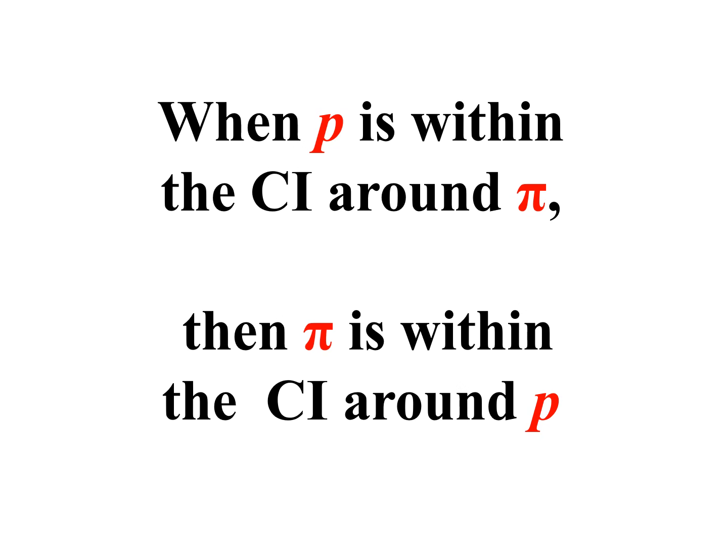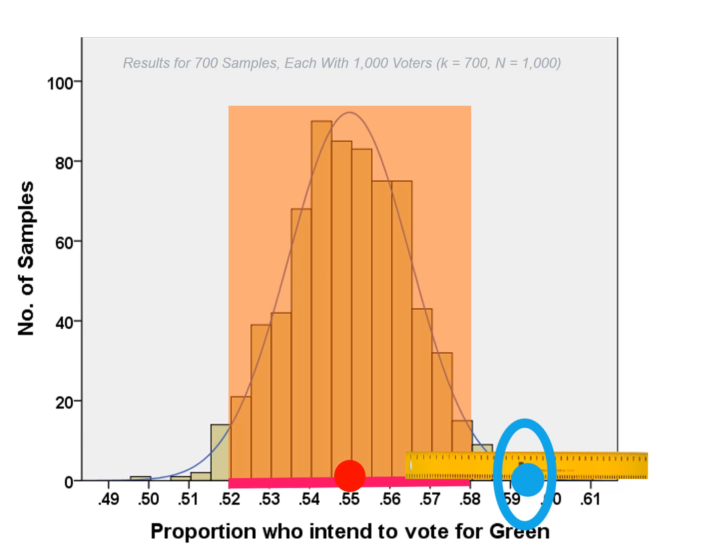When p is within the confidence interval around pi, then pi is within the confidence interval around p. For instance, here p is about 0.595. We can see that pi, at the center of the red dot, is not included in the confidence interval for this value of p. But for smaller values of p, the end of the yardstick gets closer to the center of the red dot.